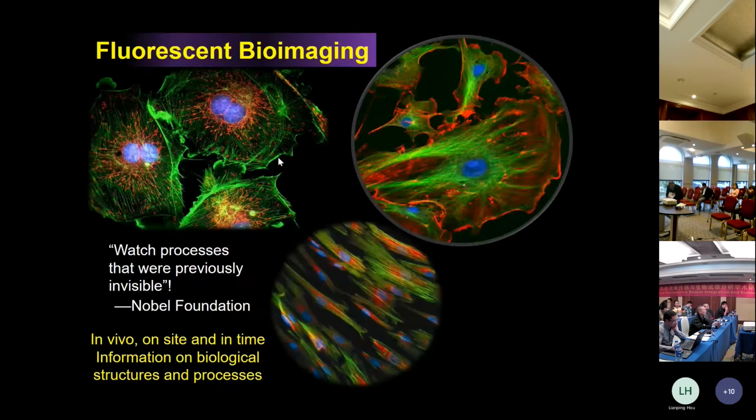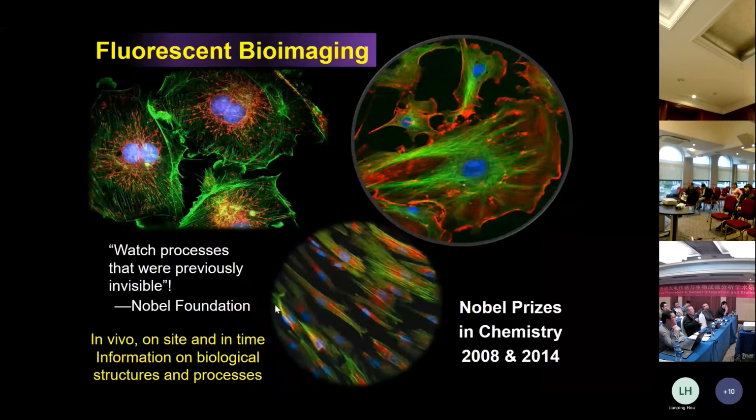We know that fluorescent bioimaging is very important. According to the Nobel Foundation, this kind of technique enables people to watch processes that were previously invisible. It's also very unique because it can offer in vivo, on-site, and in-time information, not only on biological structures, but also biological processes.